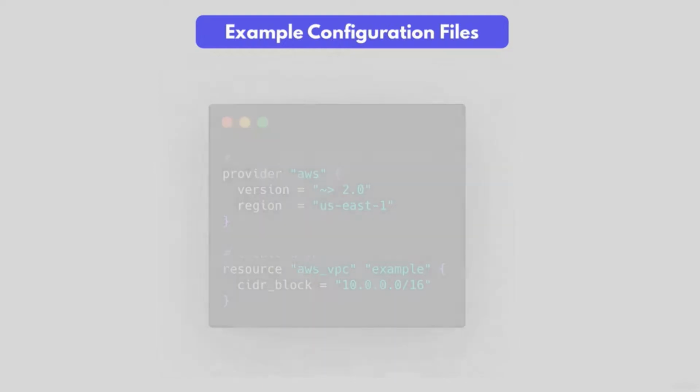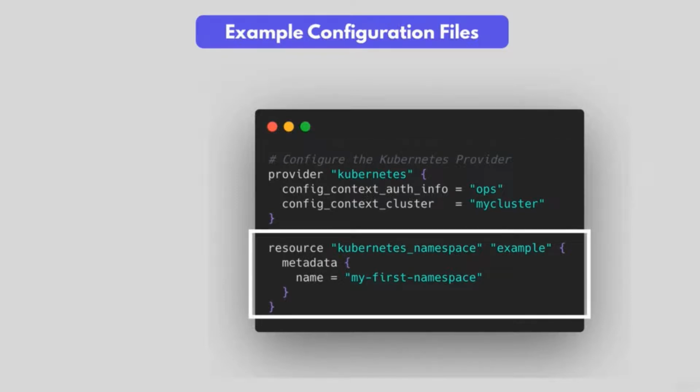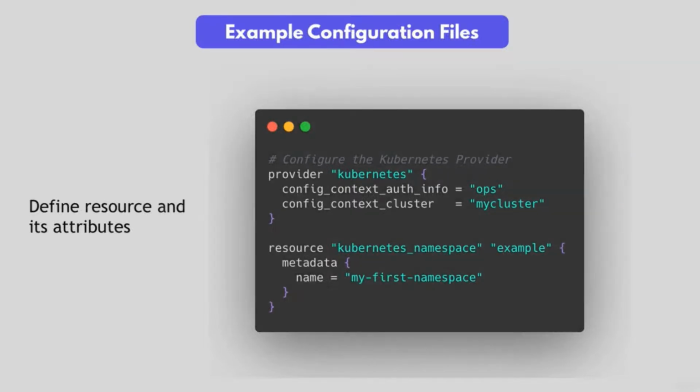The same way you have the Kubernetes provider here configured, and through that now you can create a Kubernetes namespace resource where you pass some attributes. And the syntax is very intuitive, I would say. Basically, you define what you want. So you want a resource of a certain technology or a certain provider created, and then you define its attributes, and that's what Terraform will create or do for you.